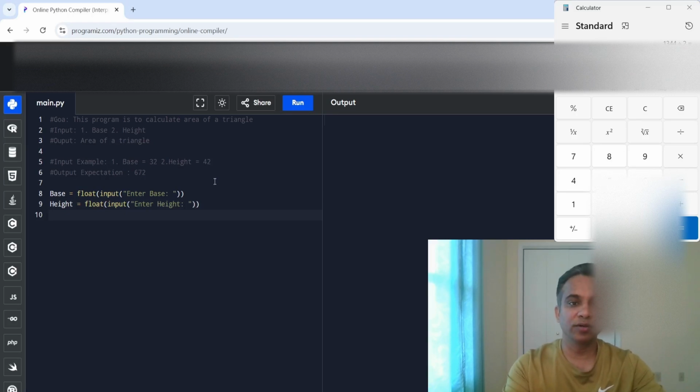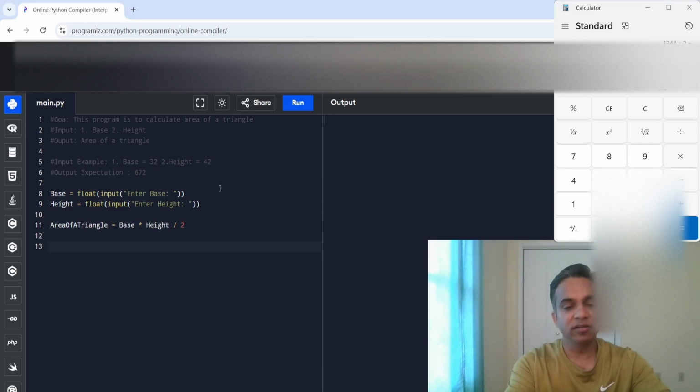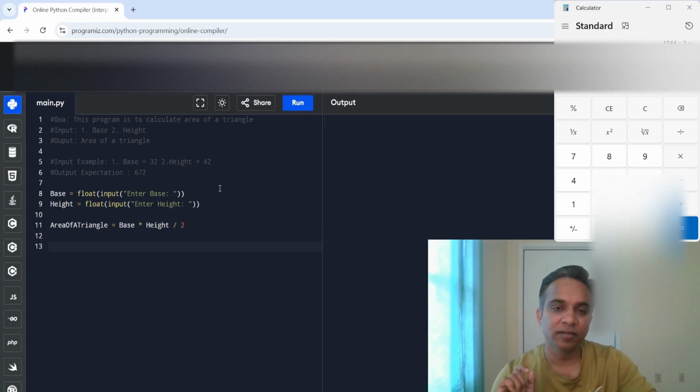Now we are going to apply the equation. The equation is area of a triangle equal to base multiplied by height divided by 2. Now here one important learning is, because Python follows PEMDAS the way we understand, the multiplication is done before.